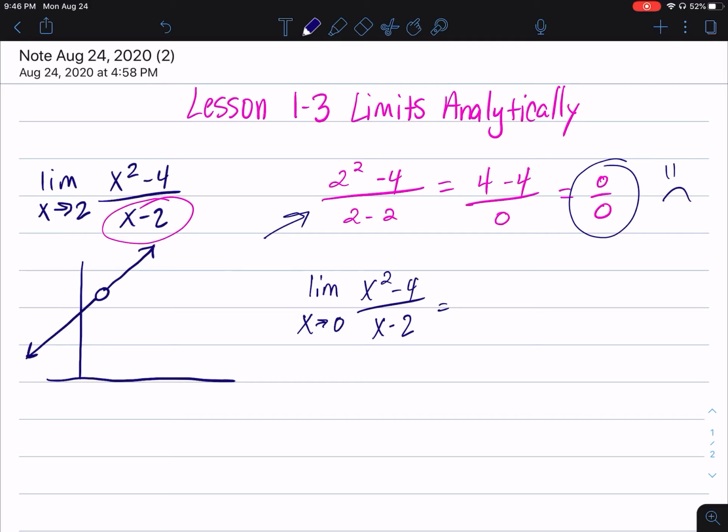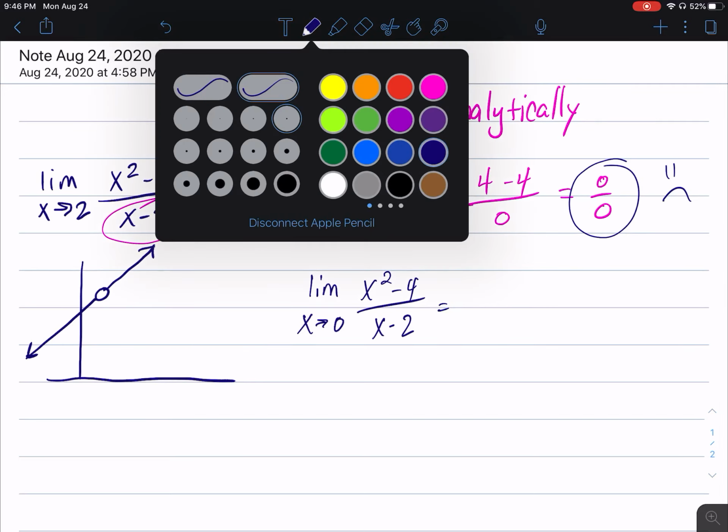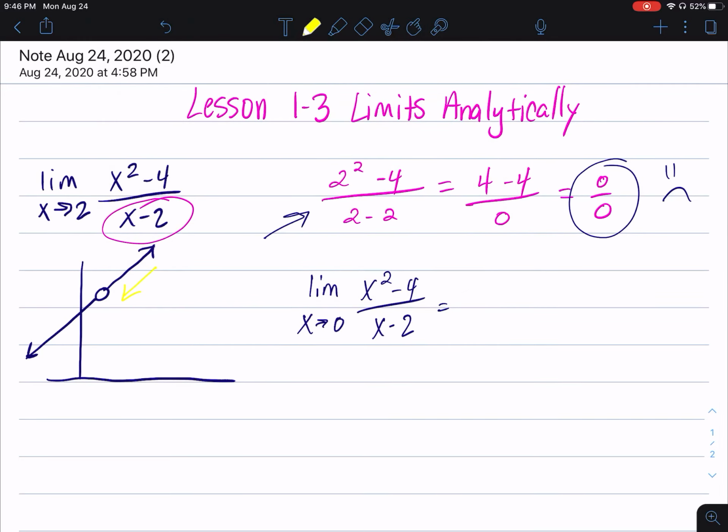There's no point there, and that's because there's actually a hole in the graph there, okay? And so that doesn't actually help us figure out what the limit is there, because what we learned before is that just because we're missing a y value there, we have a hole there, we can still have a limit at that point, okay? I can still see what is happening from each side of the graph and what number am I trending towards there.